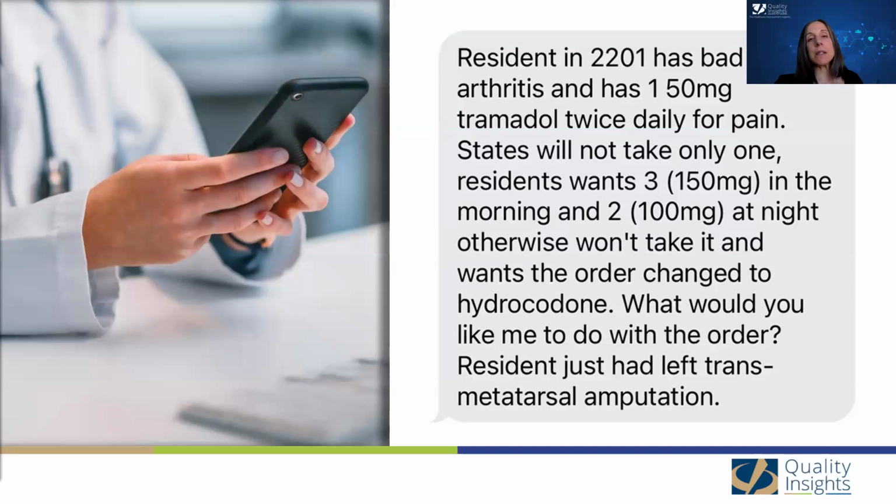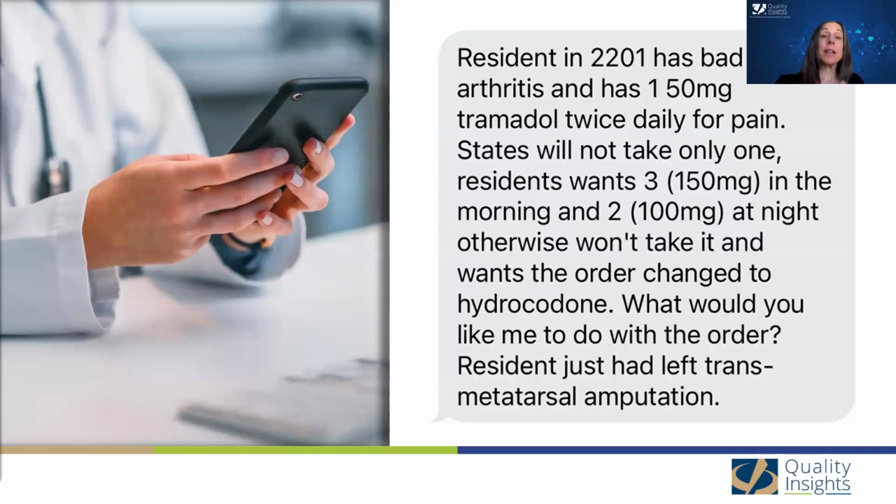So there really needs to be a lot more information to make sure that opioids are prescribed appropriately, and that the resident's pain is treated appropriately. So I would not respond to this text. I would just call, because there's a lot more information that needs to be obtained.